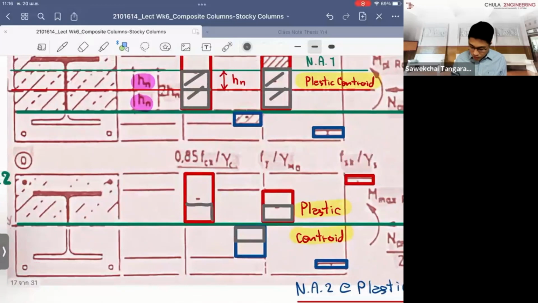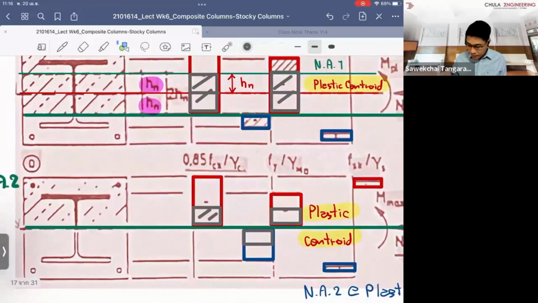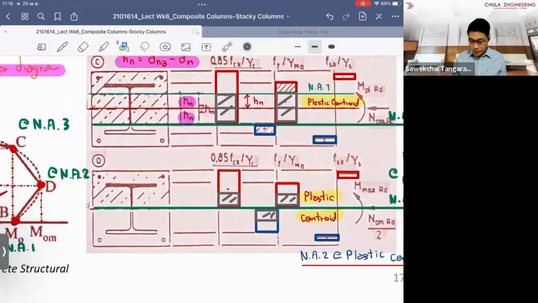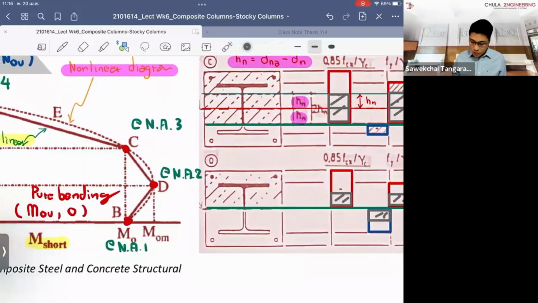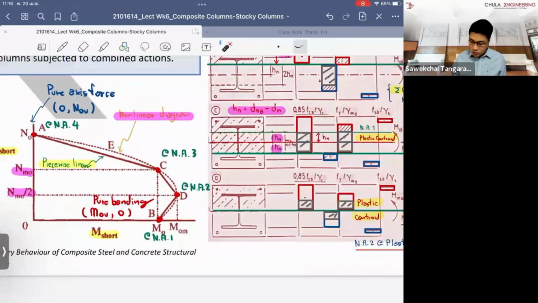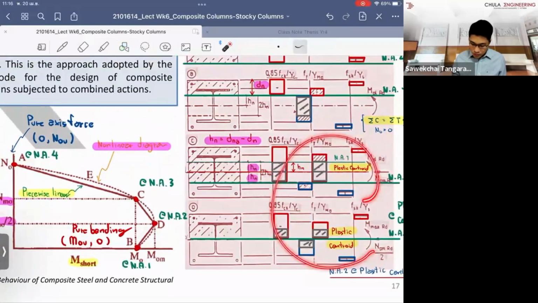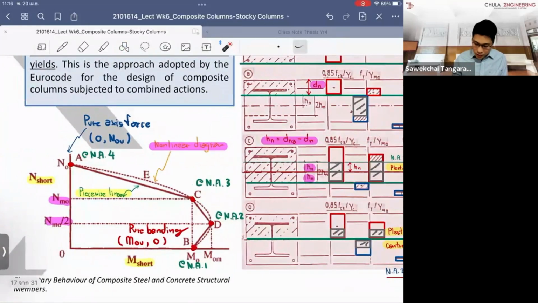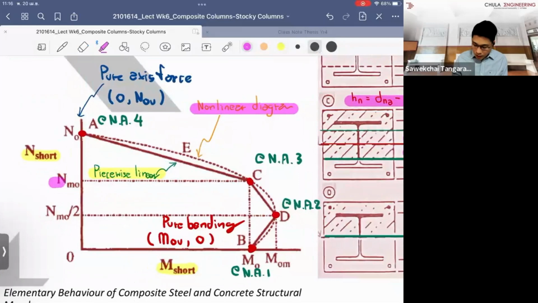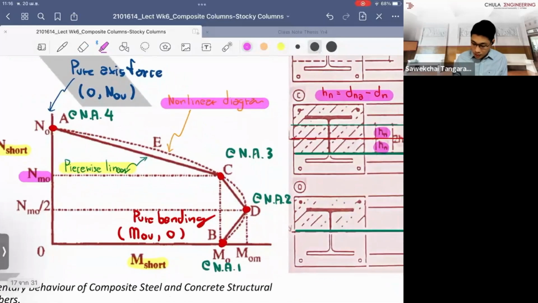You lose a proportion of the compression force by half in the concrete, and in the steel you lose it by half as well. So when you compare the geometry of the stress diagrams, it gives you the relationship that if the axial compression force at point C is equal to N, at point D you will have only half of it.